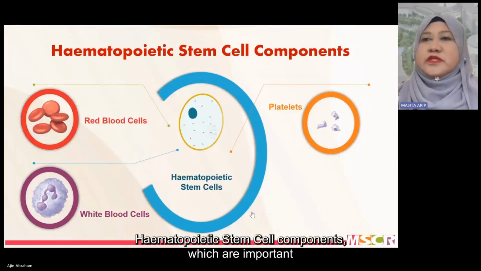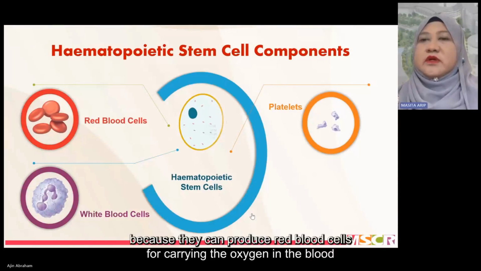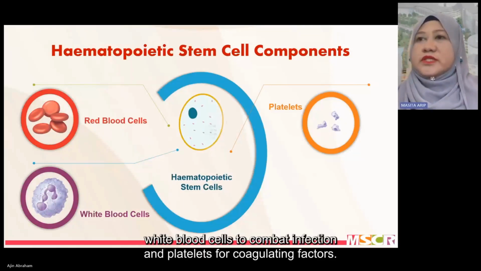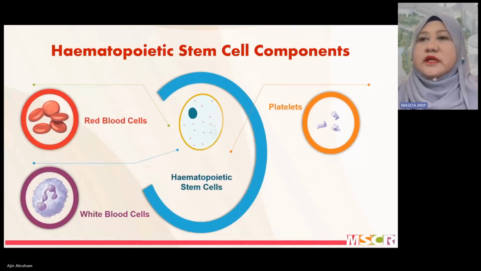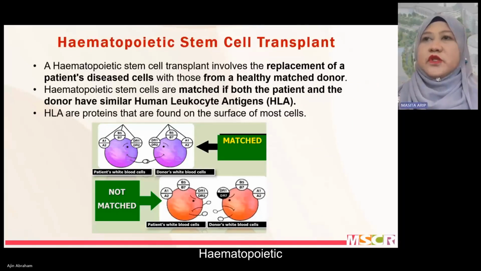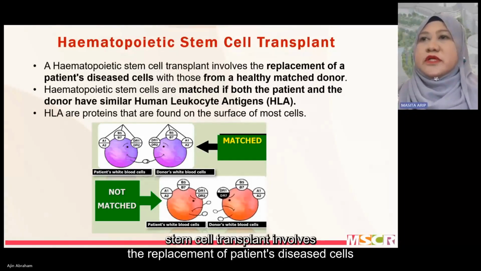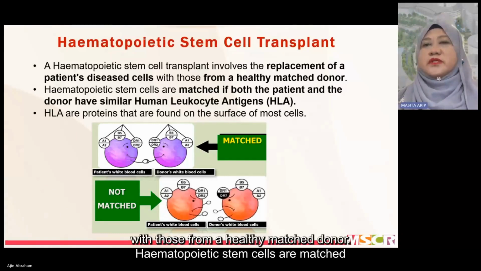Hematopoietic stem cells are important because they can produce red blood cells for carrying oxygen in the blood, white blood cells to combat infection, and platelets for coagulation. Hematopoietic stem cell transplant involves the replacement of the patient's diseased cells with those from a healthy matched donor.